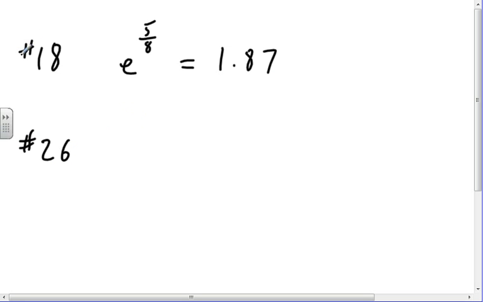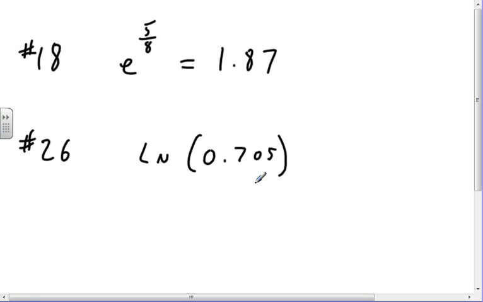Number 26. That's all right, he'll get even later. Natural log 0.705. Now, if it's the natural log of 1, it's going to be 0. If it's the natural log of something bigger than 1, it's going to be bigger than 0.